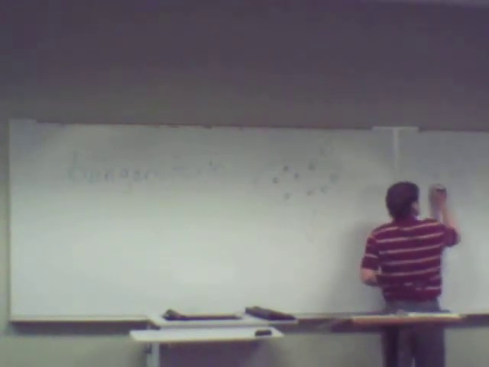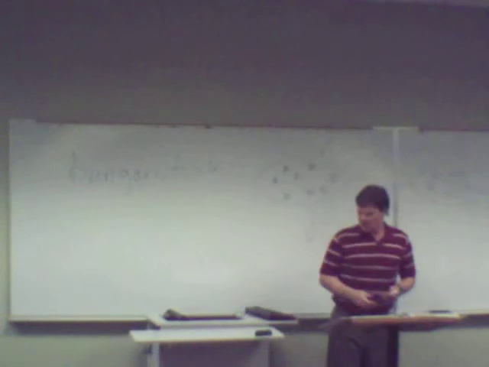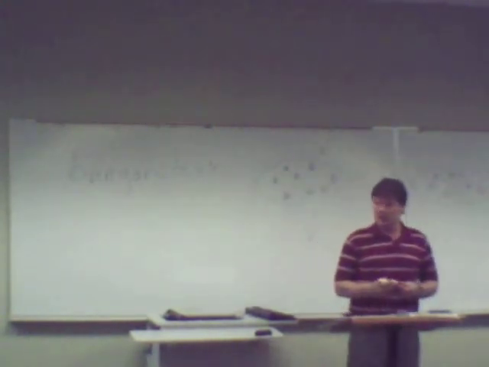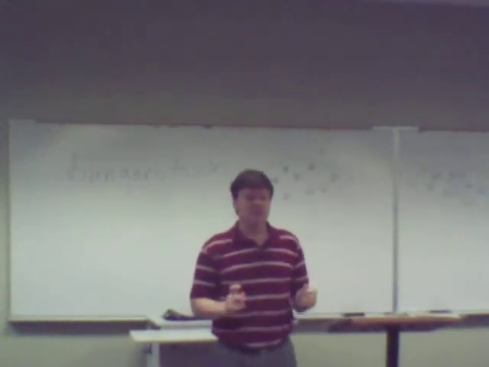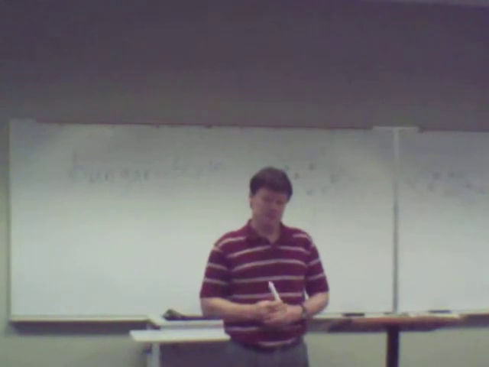So here's my muscle with myasthenia gravis. Here's my acetylcholine receptors. And lo and behold, a chunk of those are already bound by the myasthenia gravis antibodies. They're not available. They're permanently bound by myasthenia gravis antibodies.